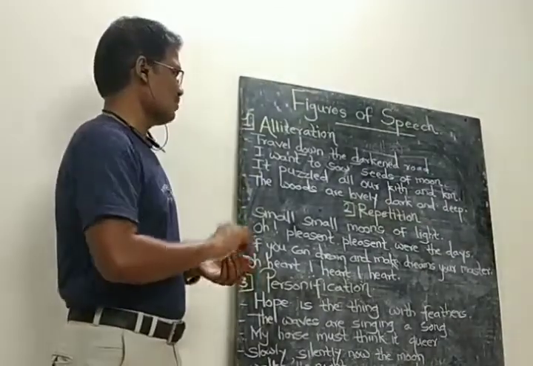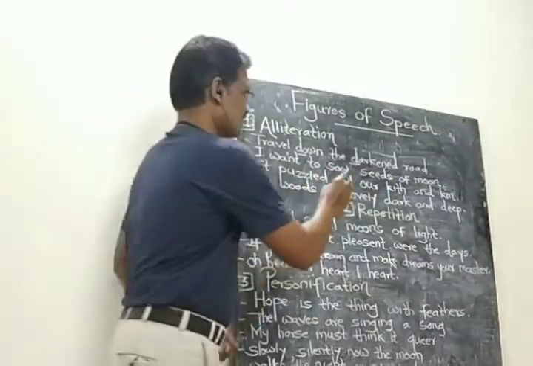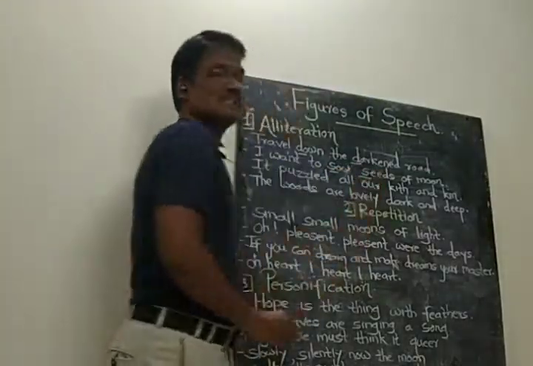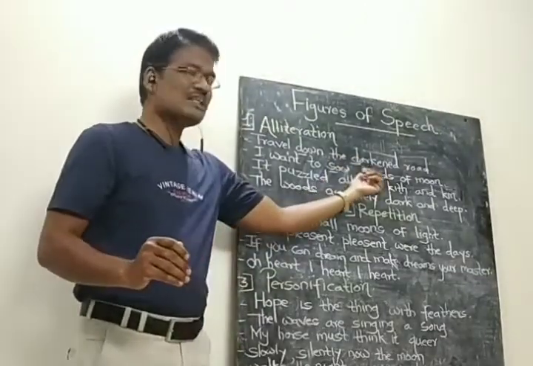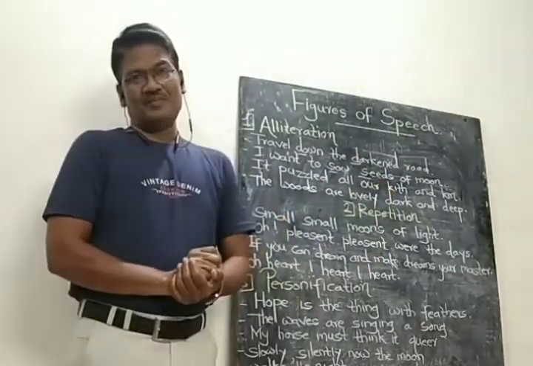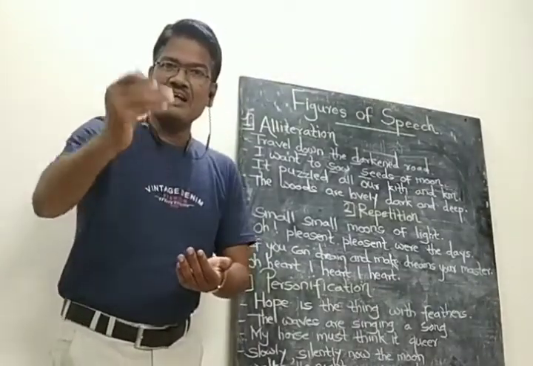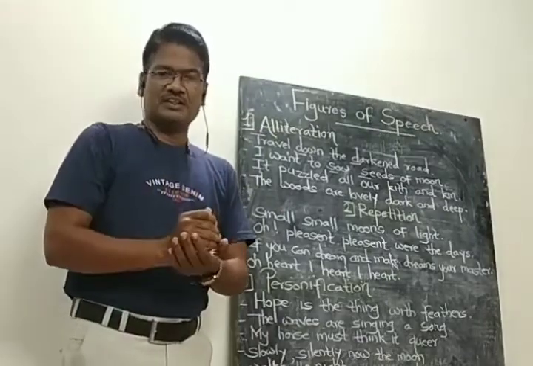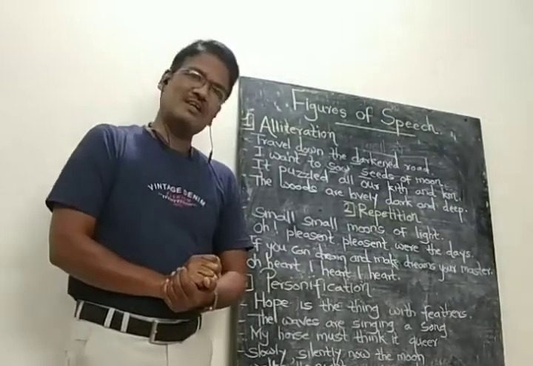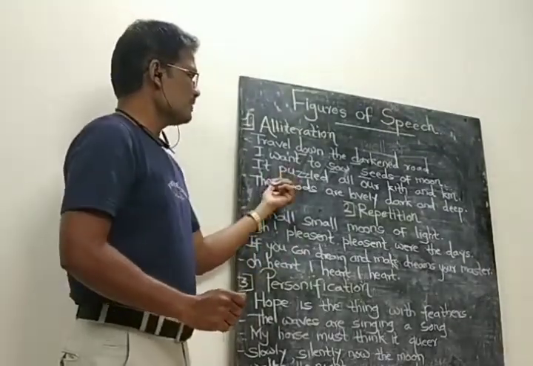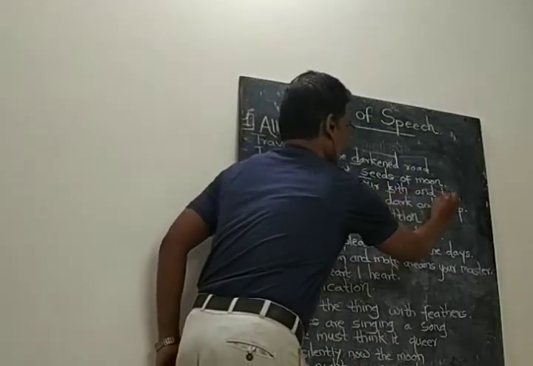Let us see the second example. I want to sow seeds of moon. See, sow and seeds. In this sentence, the sound S is repeated again and again. In short, when a sound is repeated again and again, this figure of speech is known as alliteration. Let us see the third example. It puzzled all our kith and kin.